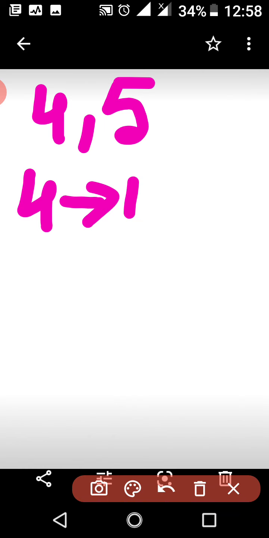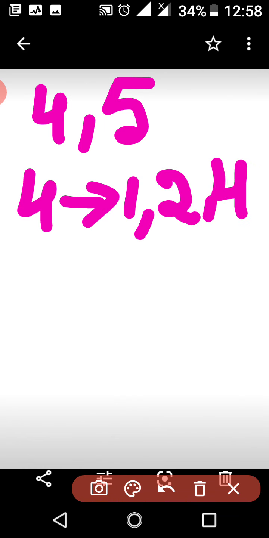I am taking two continuous numbers, for example 4 and 5. Then what is the HCF for these two numbers? What are the factors of 4? Factors of 4 are 1, 2 and 4.